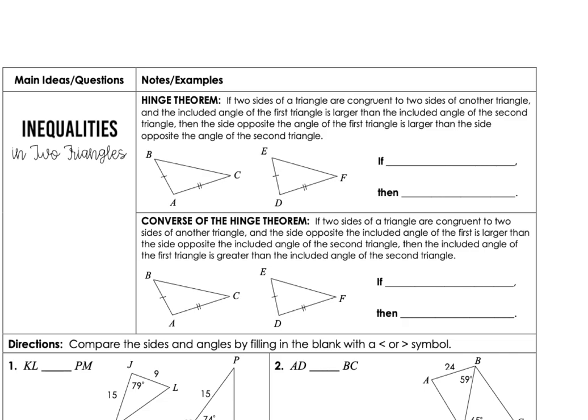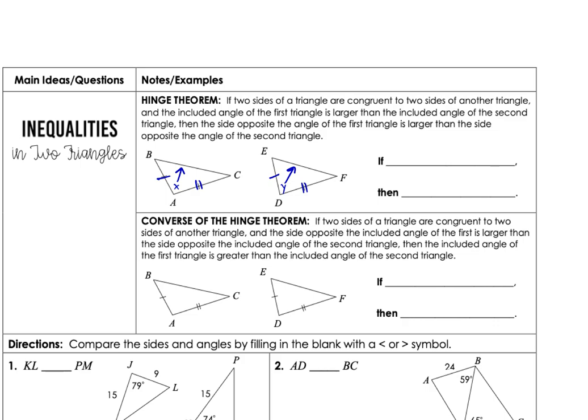So here's how it works. It says if two sides of a triangle are congruent to two sides of another triangle, so if AB is congruent to DE and AC is congruent to DF, okay? And then the included angle in the first triangle, so angle A here, is larger than that angle in the second triangle, then the sides across from them will also have that same relationship, okay?